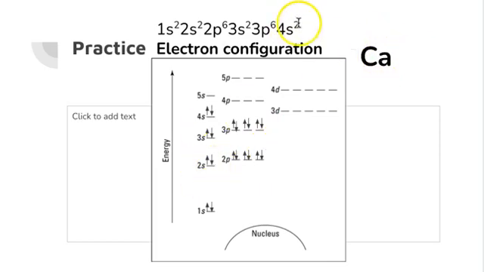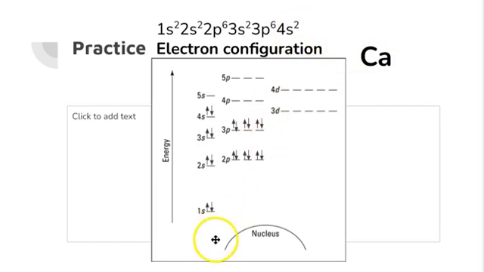And to check it out, I'm going to add up all the exponents. So I have 2 plus 6 is 8, plus 2 is 10, 16, 18, 20. If I look at the periodic table, the atomic number for calcium is 20, which means it has 20 protons and 20 electrons. So this is correct.